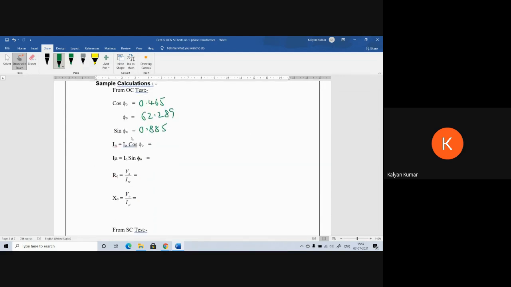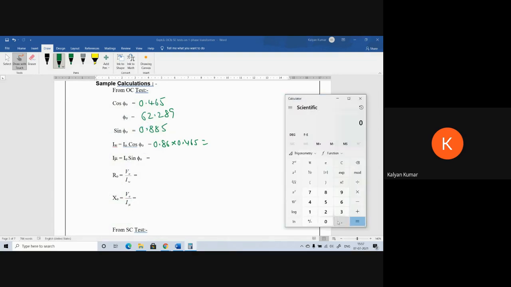Now IW will be I naught into cos phi naught. I naught is 0.86 that we got from the experiment, and cos phi naught is 0.465 that we have calculated. Therefore, IW will be 0.86 into 0.465, which is equal to 0.399.